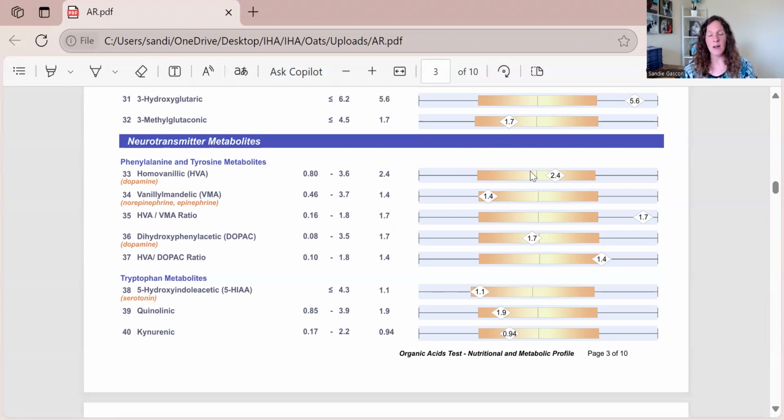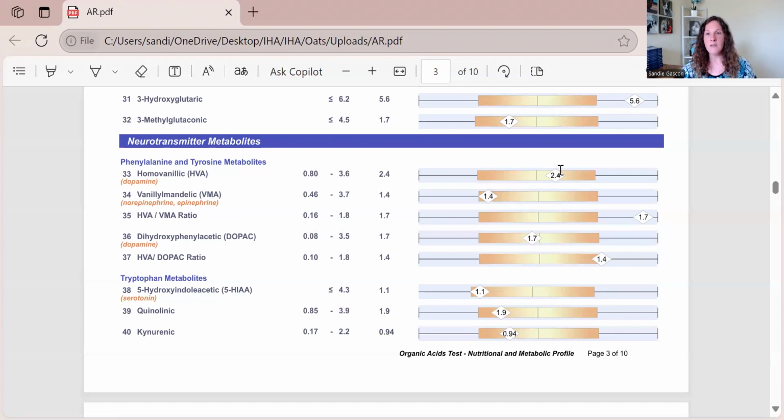I teach this in the Integrative Healing Academy to my students, and this part is one of the toughest things. This needs a whole video on itself, multiple videos, which I have in the IHA, because you have to understand how your body is breaking it down versus what you're seeing here. And that's telling you whether the COMT mutations are active or inactive and what's going on.